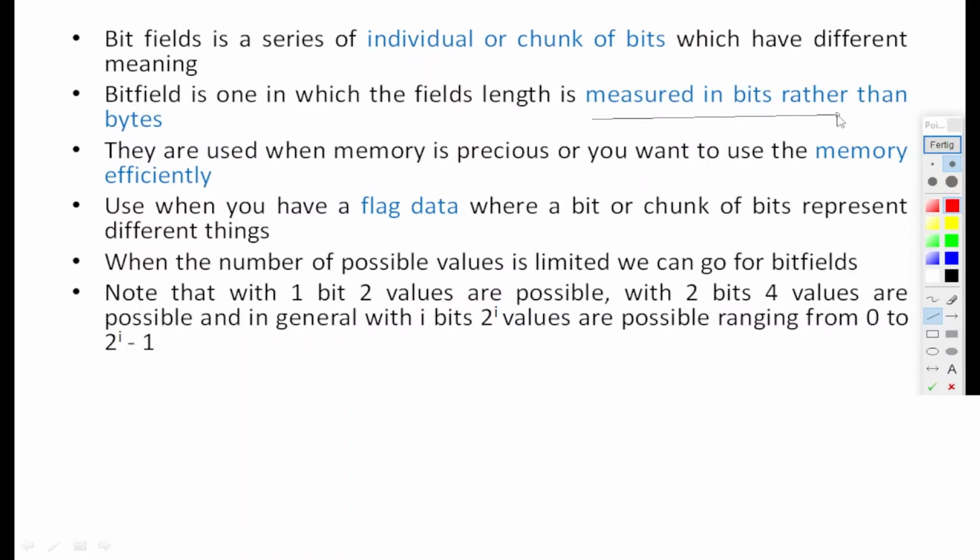This is the important point: field length is measured in bits rather than bytes. They are used when the memory is precious, or you want to use the memory efficiently.